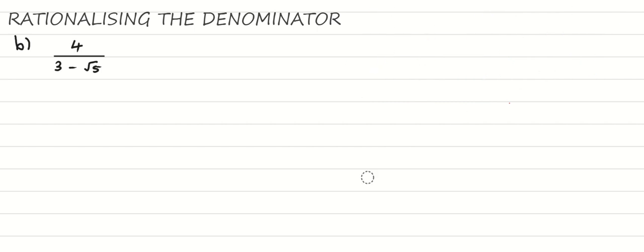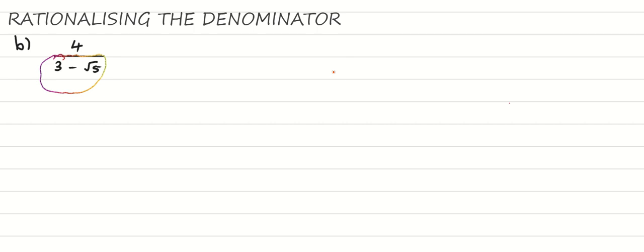But what about what we currently have over here, which is a binomial, 3 minus root 5? How do we go about something like that? And that is what we are going to look at today. So when you have a binomial, like we have here, we need to multiply by its conjugate, right? And the conjugate we can find in the following way, and I've mentioned it in previous examples.